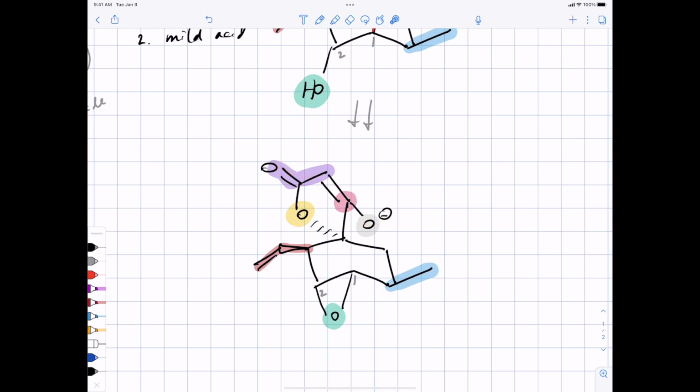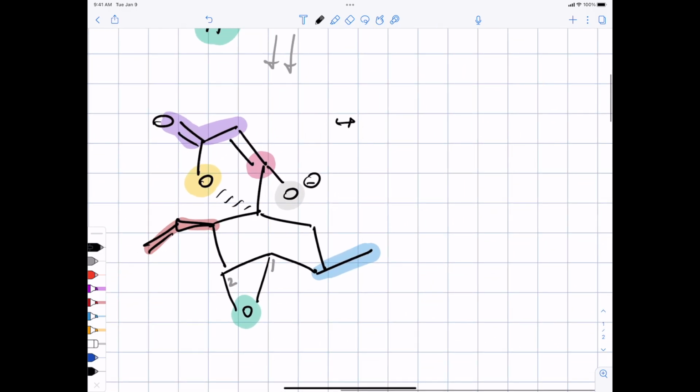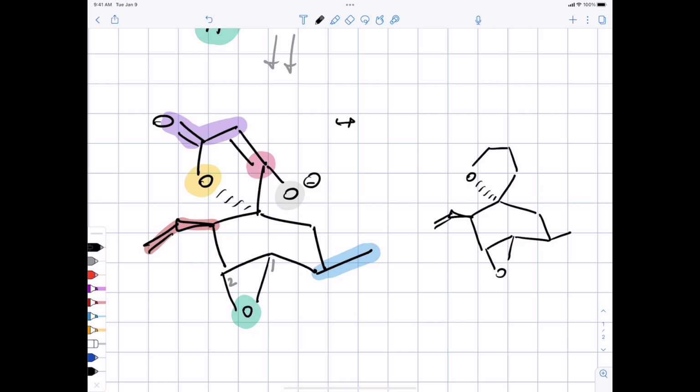What does that look like? I could draw a resonance structure. Anything wrong with that? Okay. Good.